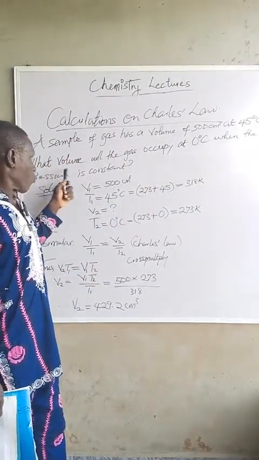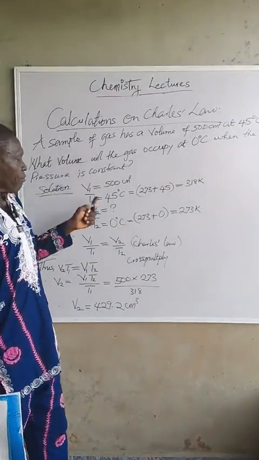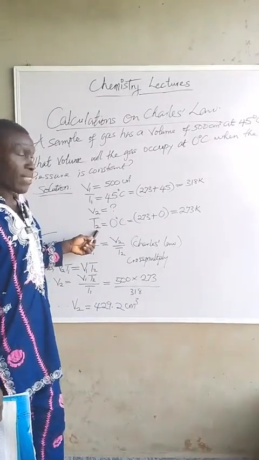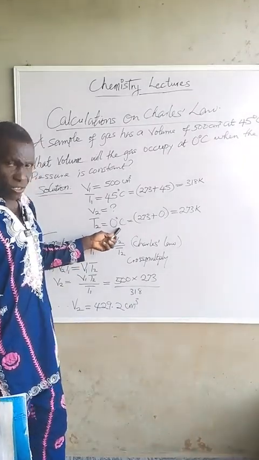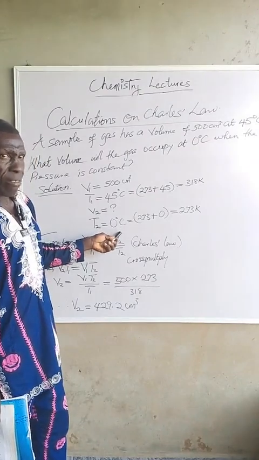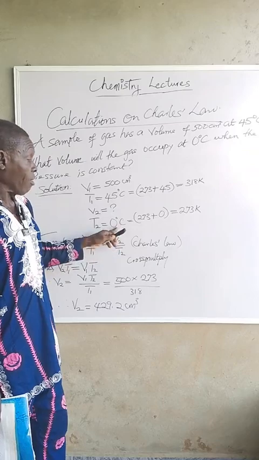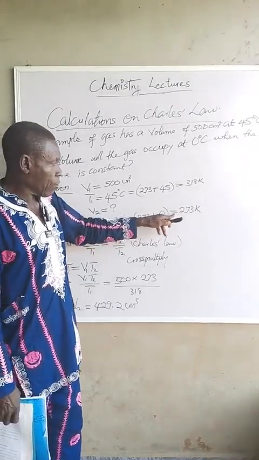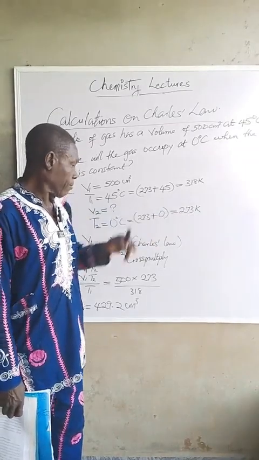V2, your final volume, is what you're asked to look for, so V2 is not known. Then T2, the final temperature, is 0 degrees Celsius. By reason of Charles's law, you have to convert this to absolute, so 273 plus 0 gives you 273 degrees Kelvin.